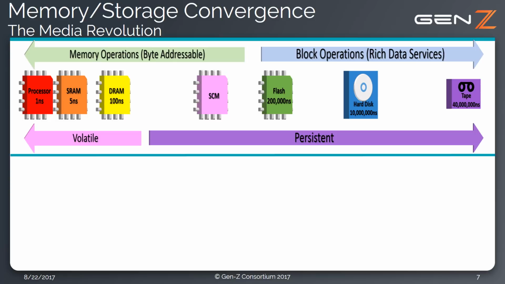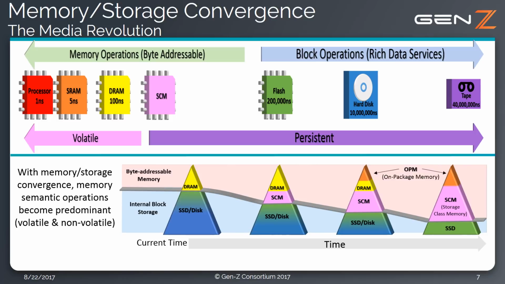As storage class memory technology matures, the access latencies will continue to get closer and closer to DRAM latencies, and will eventually provide a near memory alternative to DRAM technology. At this point, storage class memory provides the best of both worlds and offers a vision to memory storage convergence. This evolution will drive a new class of computing that is often referred to as data-centric or memory-centric computing.